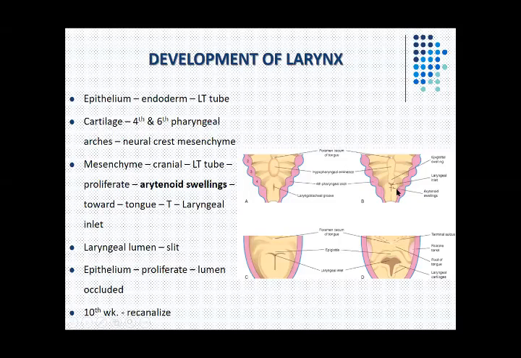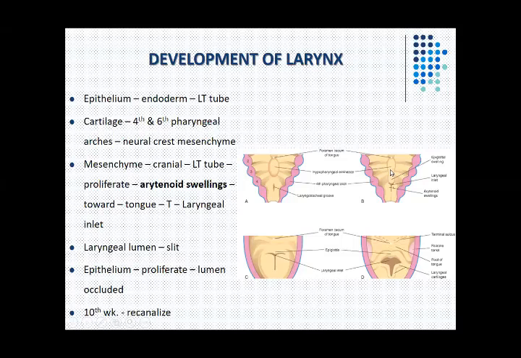So ये जो cranial end of the laryngotracheal tube है, इसके cranial end पे ये जो mesenchyme है, this begins to proliferate. When it proliferates, it grows towards the growing tongue. अभी जो hypobranchial eminence है ना, इसका upper part will develop into the tongue.